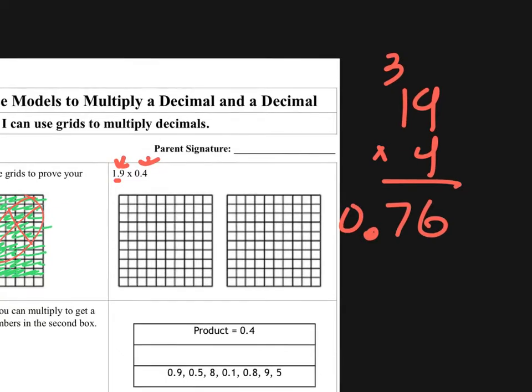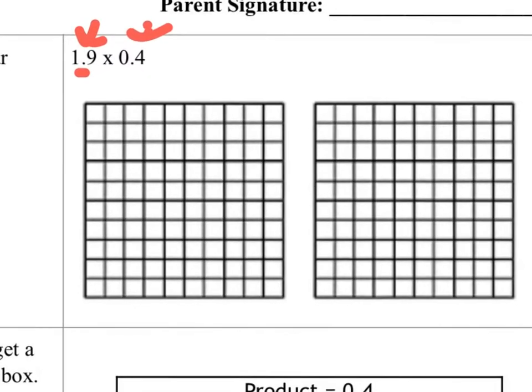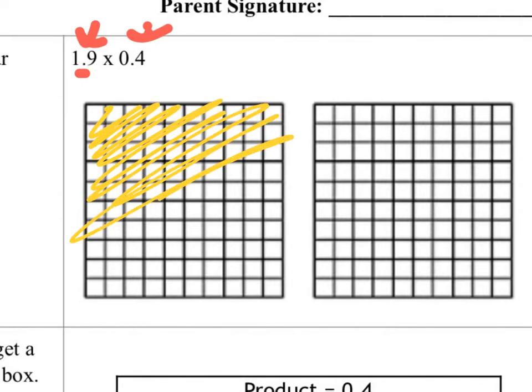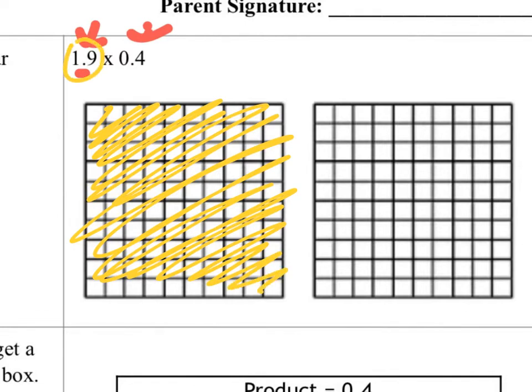Now let's do it with the grid. I need to shade in one whole grid first, because it says 1.9. I'm going to do yellow. So that's one whole, and then 9/10.